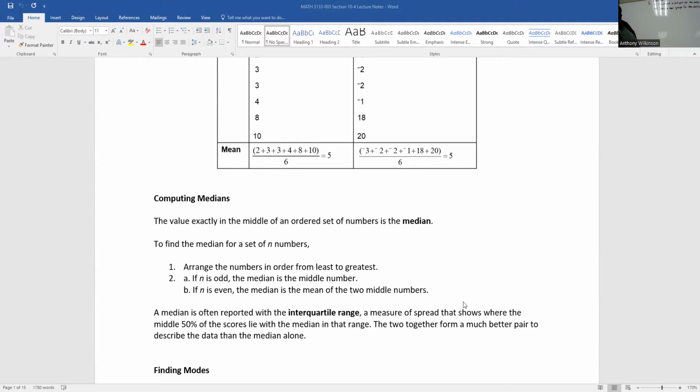You want to make sure your data values are in numerical order, and then find the 2 middle numbers and take the average of the 2. That's only for an even number of data values. For an odd number of data values, you take the middle number directly.